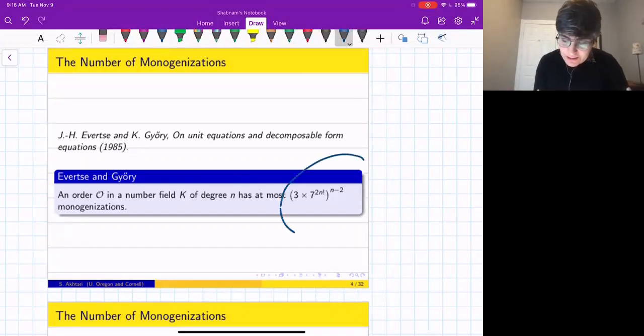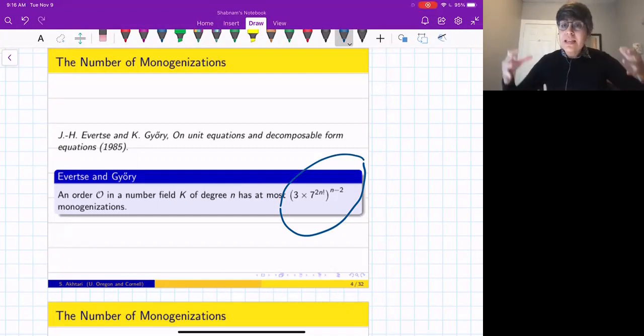And here is the number they get, where n is the degree of your number field. I can't even call it counting, because they cannot really count how many. They say there are at most this many. So it's an upper bound that we believe is actually not sharp at all. One should do much better than this.